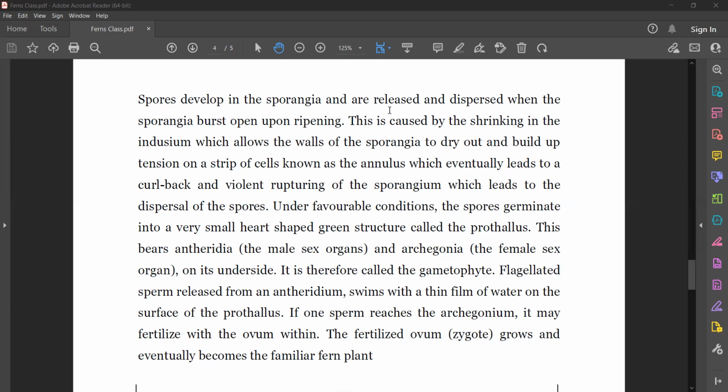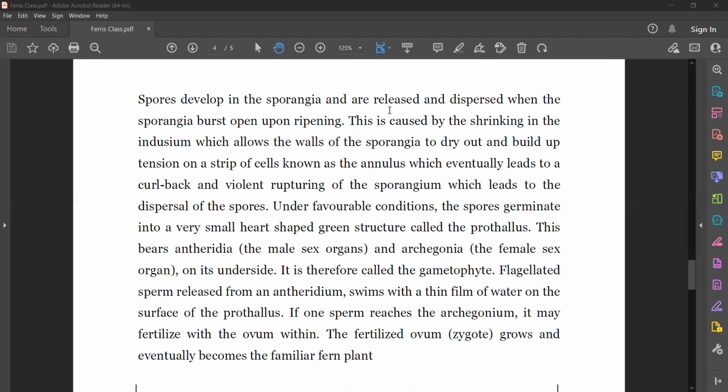So they grow and develop sporangia on the underside of the leaf. When it's time for a new fern to be formed, the indusium shrinks, exposing the sporangial walls to the environment. The sporangial walls would also shrink, building up tension in a strip of cells known as the annulus, which will cause the forced dispersal of the spores.